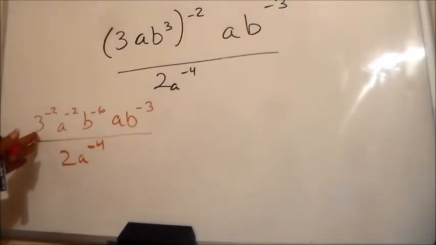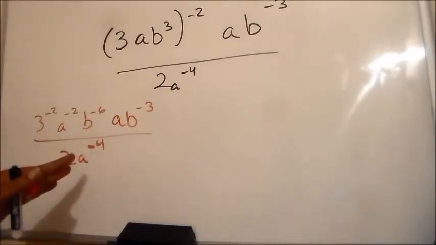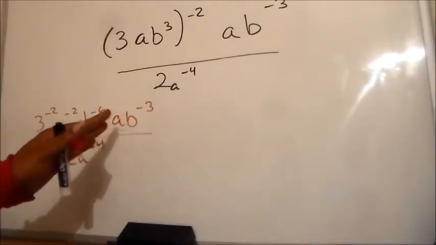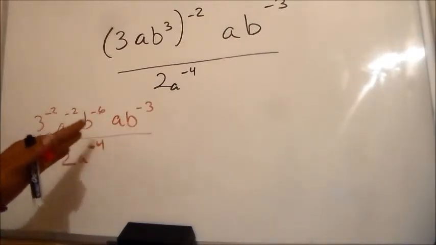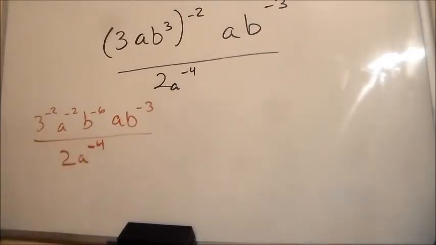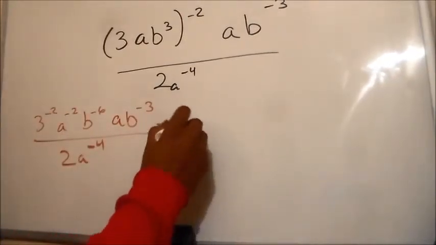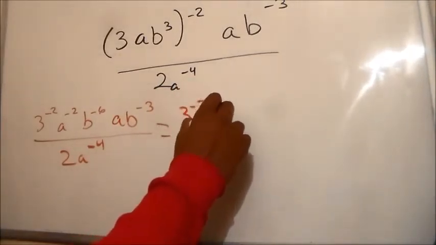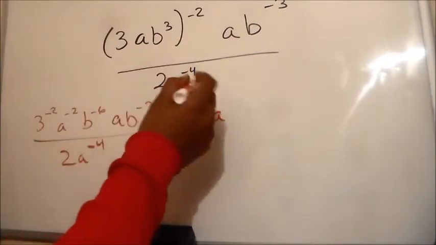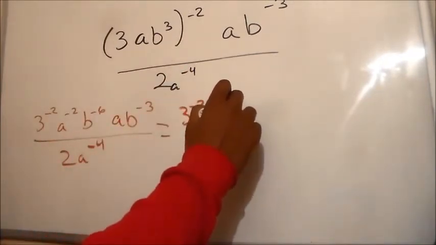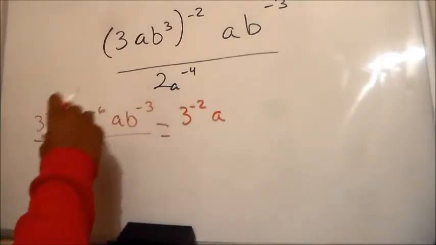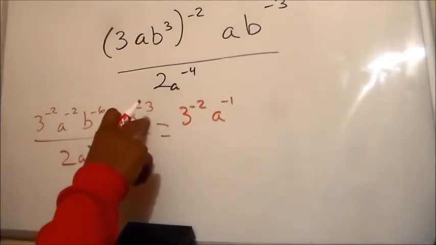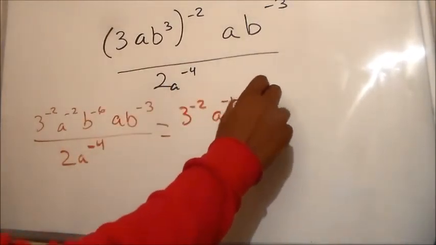So we got 3 to the negative 6 power, A, and then we got B, and this is actually multiplied by, so what we're going to get by multiplying that together is 3 to the negative 2, A, 2 plus 1 to the 1 power, 2 plus negative 1, sorry, and then B to the negative 9th.